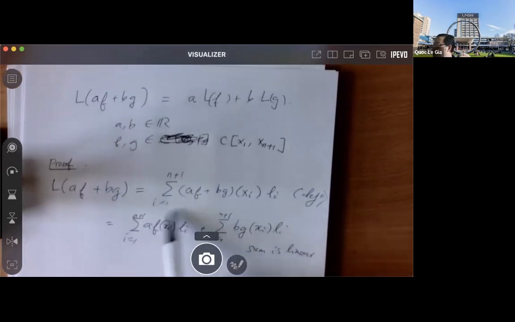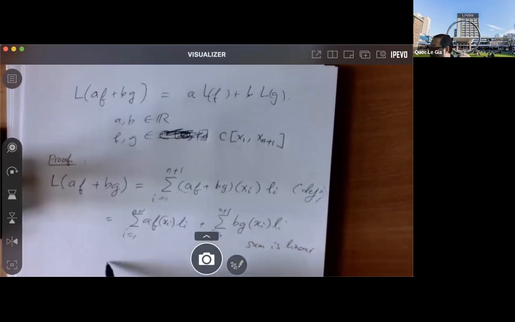So you can split like this. And then now, remember, a is just a real number, and it's multiplied for every term. So you can take a outside. So this one is just a property of real numbers.